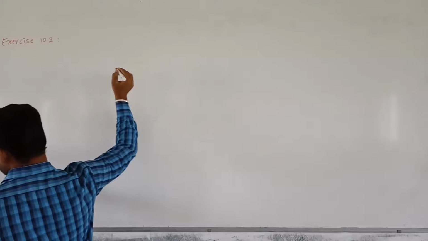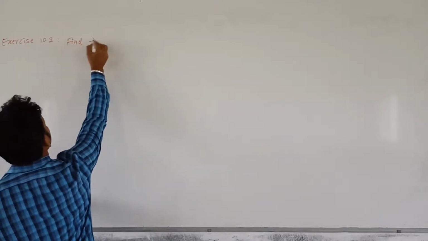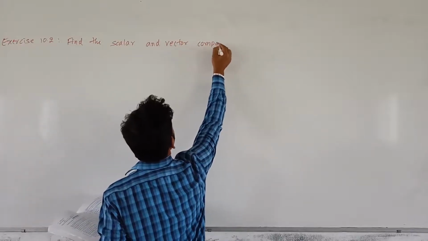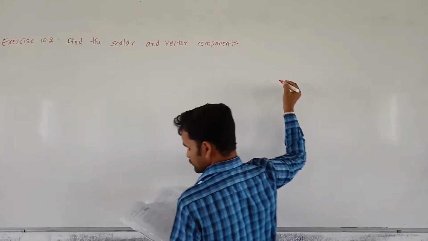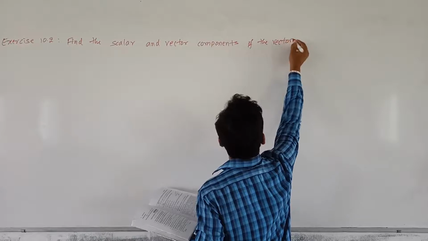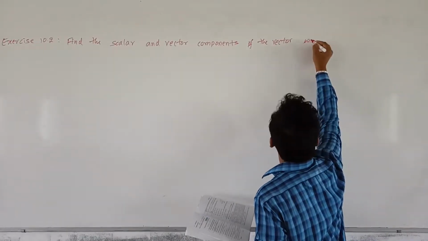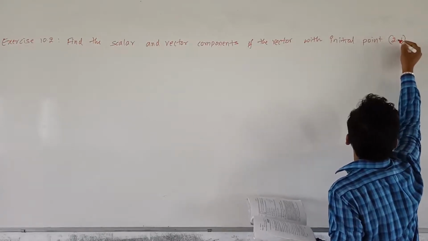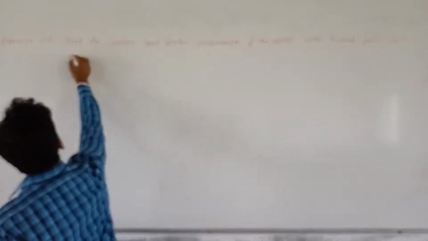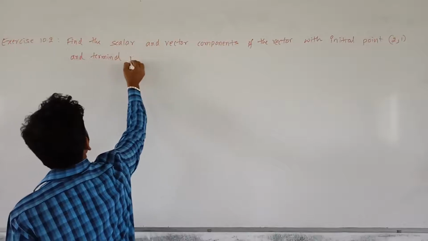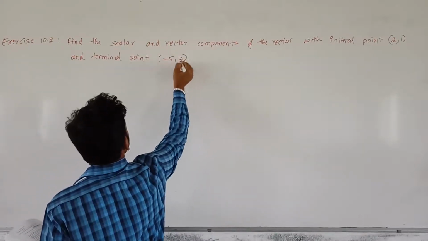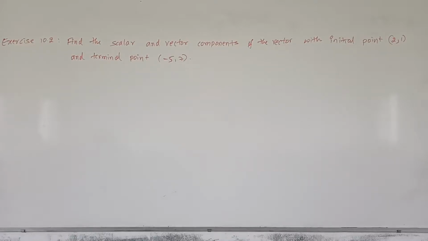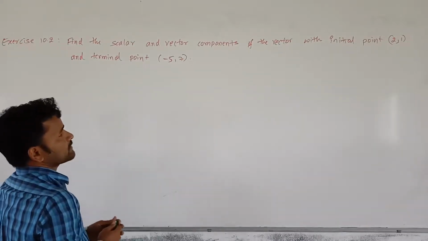Find the scalar and vector components of the vector with initial point 2, 1 and terminal point minus 5, 7. See, scalar and vector components I have to find out.